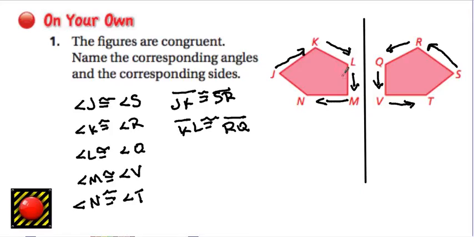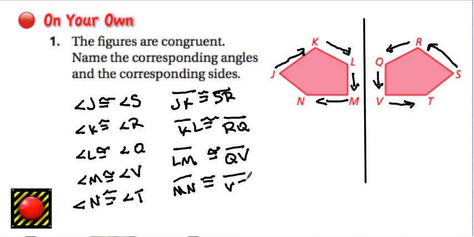And as we keep going around, we have segment LM, which is congruent to segment QV. We keep going around and we have segment MN, which is congruent to segment VT. And last but not least, we have segment NJ, which is congruent to or corresponding with segment TS.